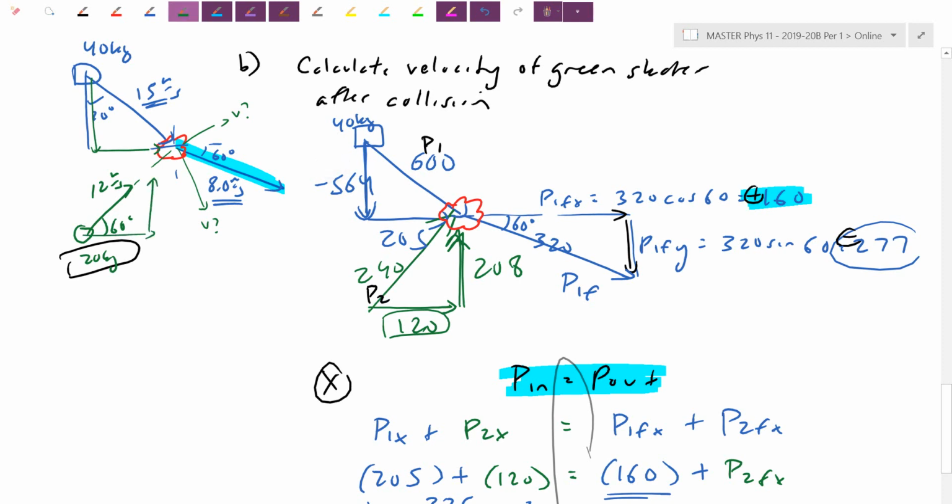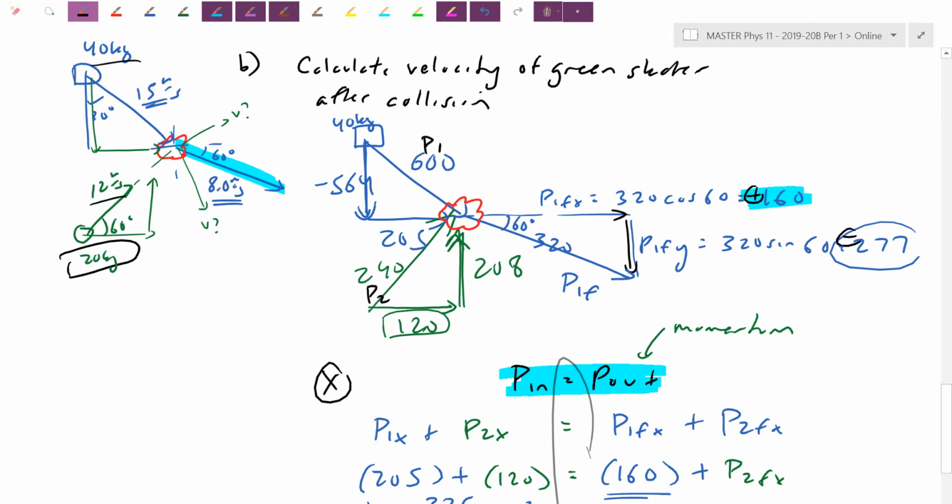You can still break out the components, no problem, but when it comes time to actually do your calculations, make sure it's actually momentum that you're trying to conserve. It's actually having scaled in the mass that's being conserved. Don't just come along and be like v1x plus v2x. The velocities add up to this, so this has to be the final velocities. Velocity is definitely not conserved, especially when the objects have totally different masses.